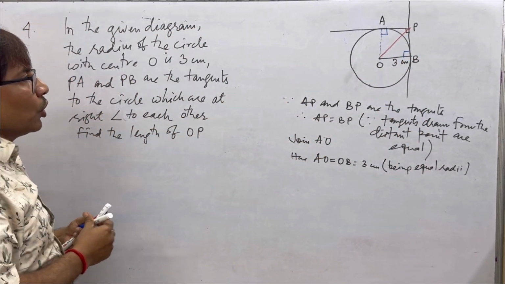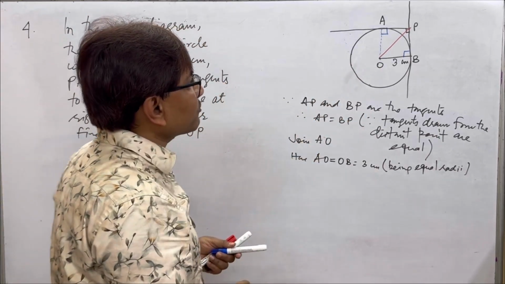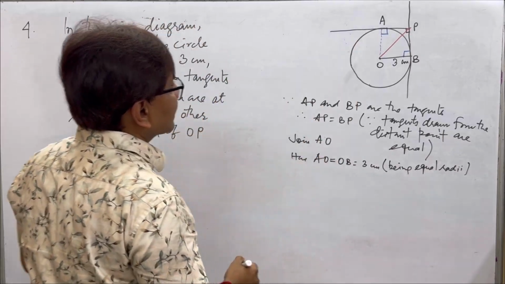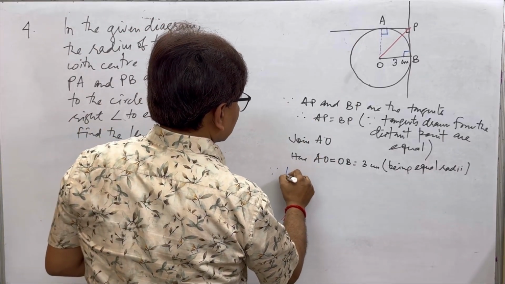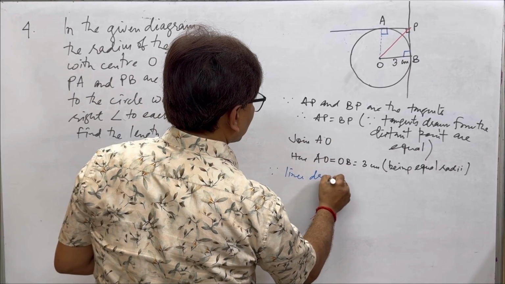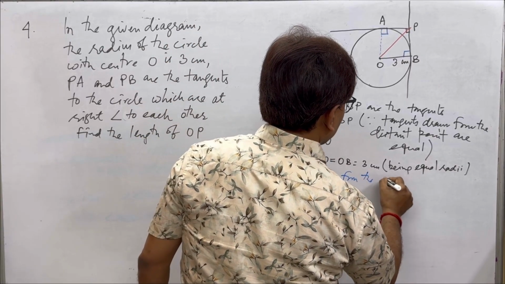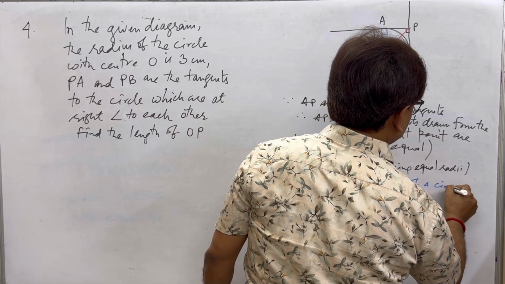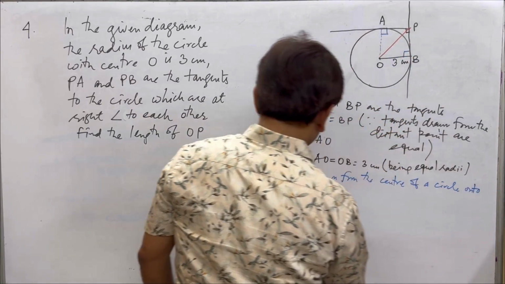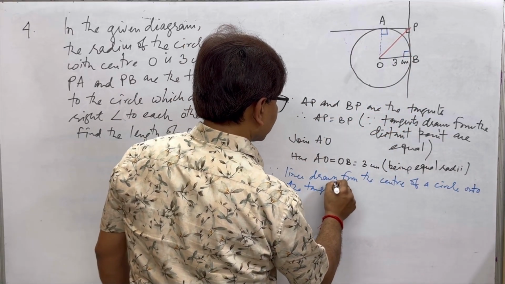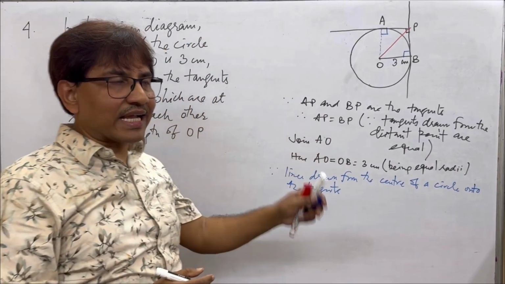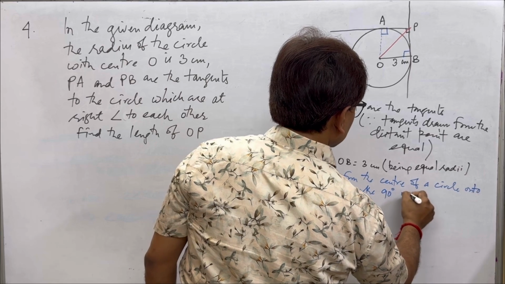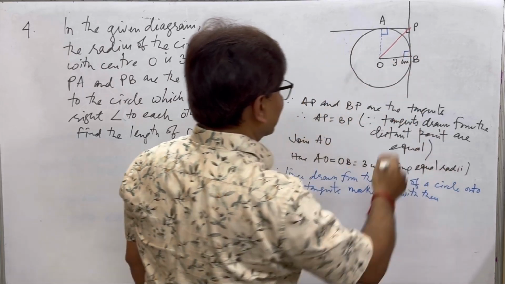Already some of you know that the line drawn from the center onto the tangents always makes 90 degree with the tangents, since lines drawn from the center of a circle onto the tangents, at the point of contact of the tangents, make 90 degree with them, with the tangents.